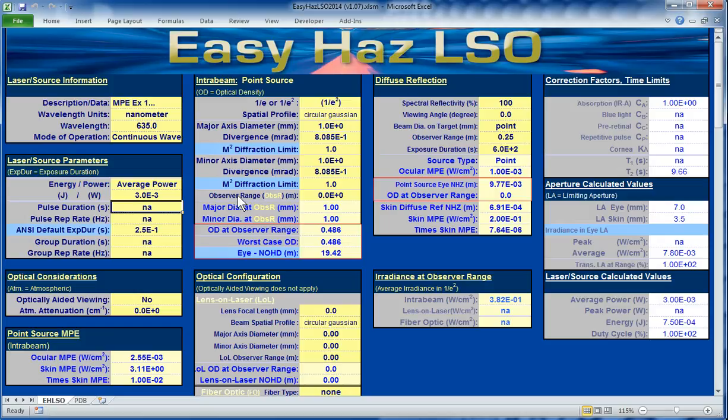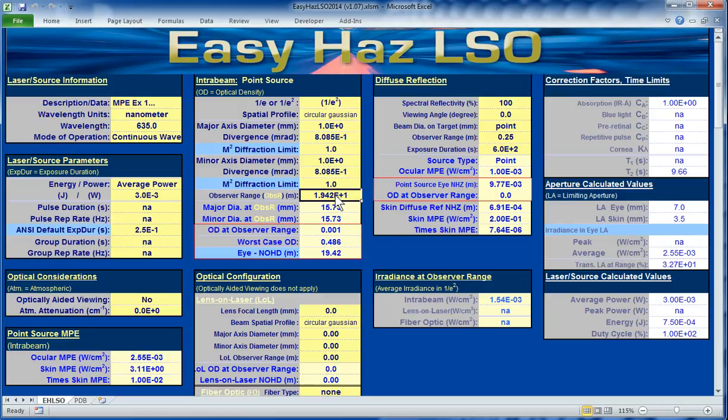But let's check that. Let's put our observer at exactly 19.42 meters away, and we'll see that, yeah, the OD at observer range goes to almost zero. We look at the average irradiance in the eye limiting aperture, and you'll notice it matches the MPE. So this is sort of a reality check for software.